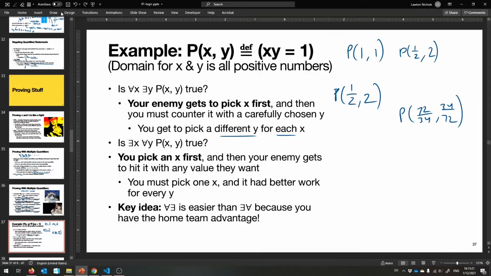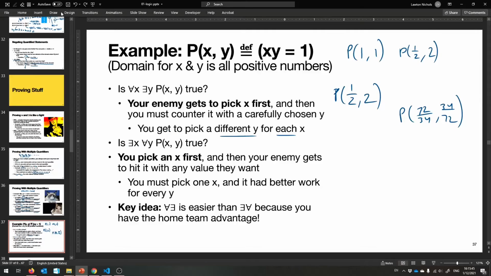Now, we have the other side of the coin. And this is a bit different because the X is existentially quantified and the Y is universally quantified. So is it true that there exists some X such that for all Y, P of XY is true? So you first have to fix an X and then show that for all Y, P of that X and Y is true.